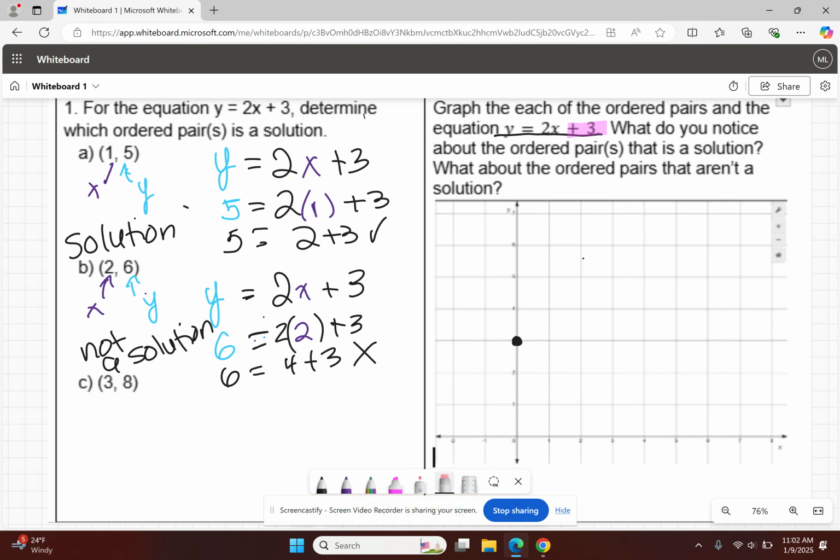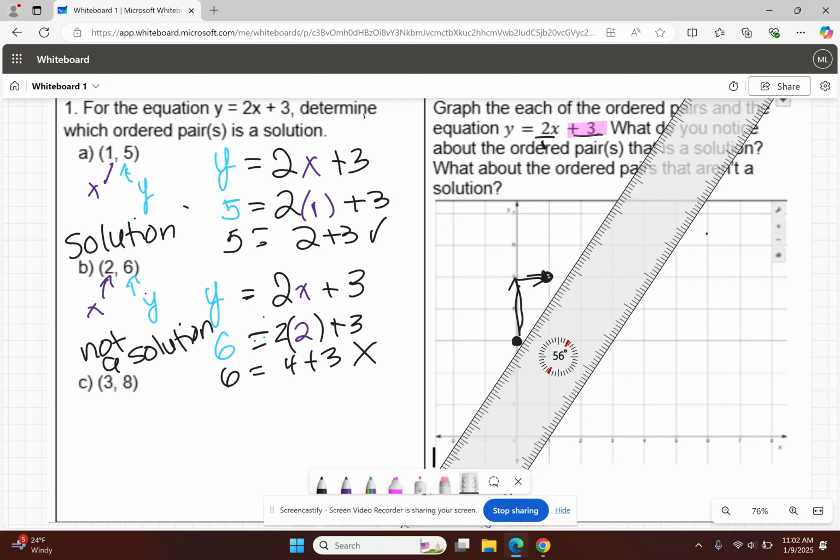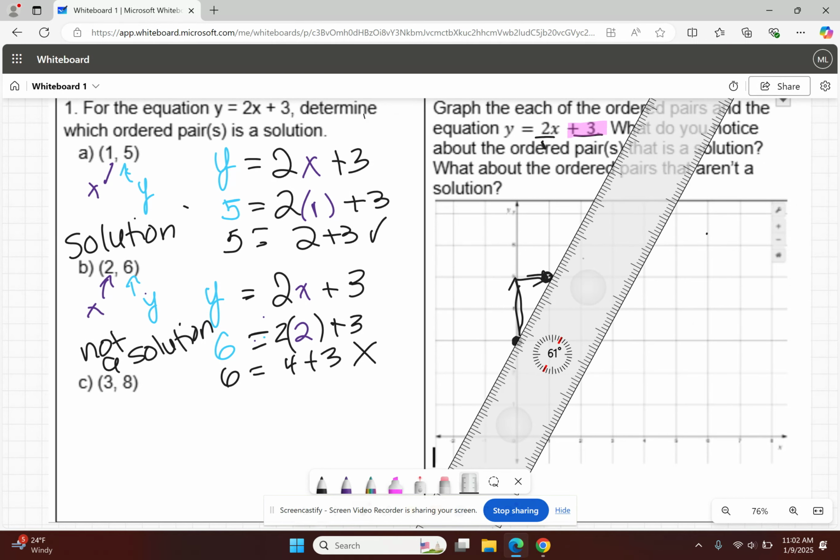So we get a slope of 2 over 1. That means we go up 2 over 1 to get our new point. Then we draw that line to represent y equal to 2x plus 3, just like that.